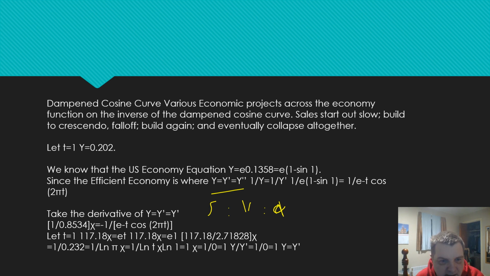So take the derivative of the dampened cosine, and we have 1 over 0.8534 is equal to minus 1 over e to the power minus t cosine of 2 pi t. And this all breaks down to y equals y prime.